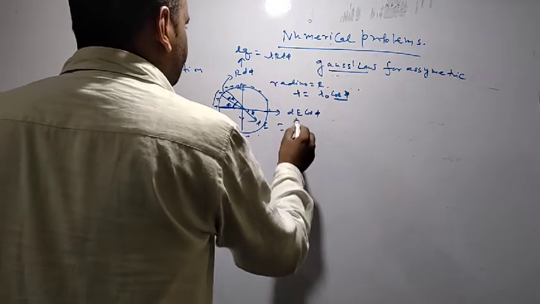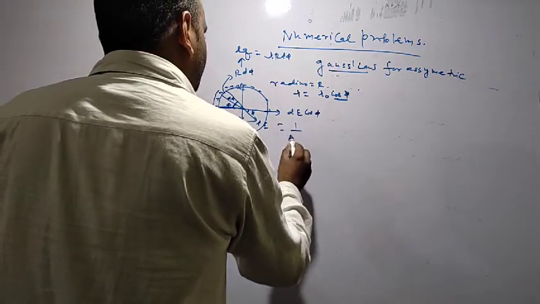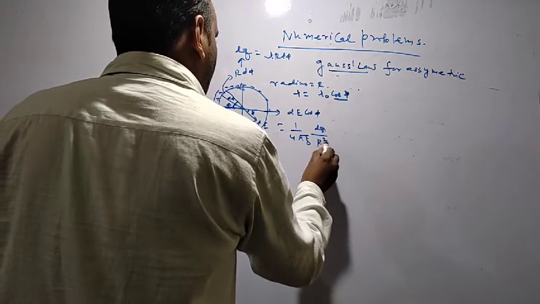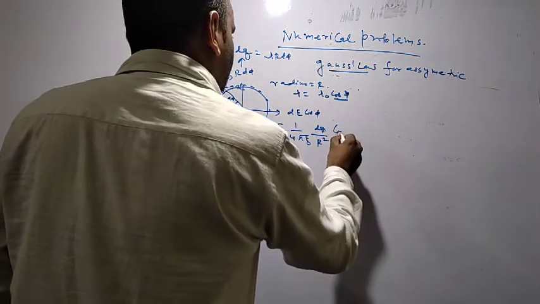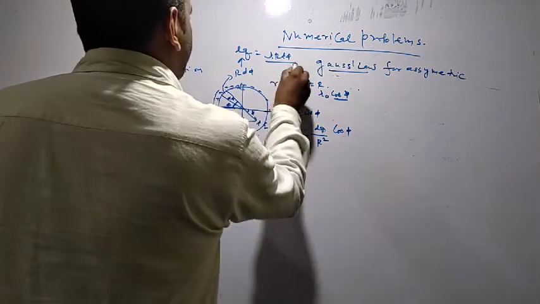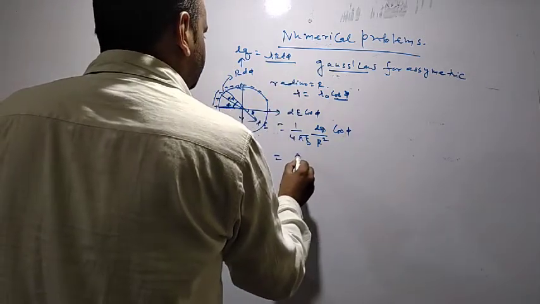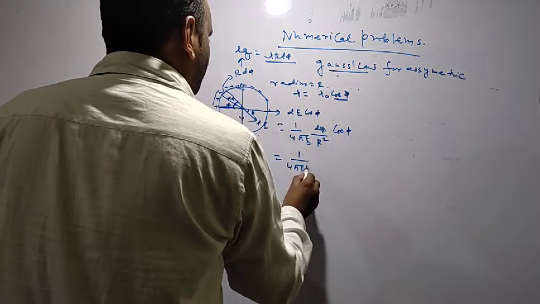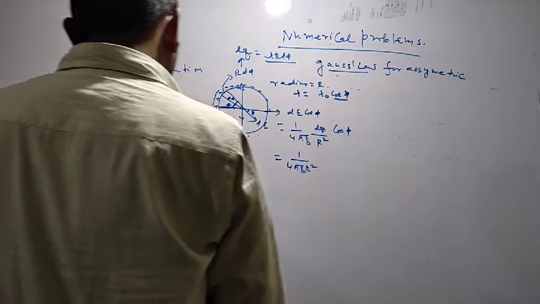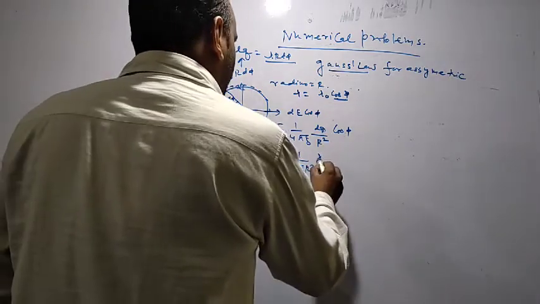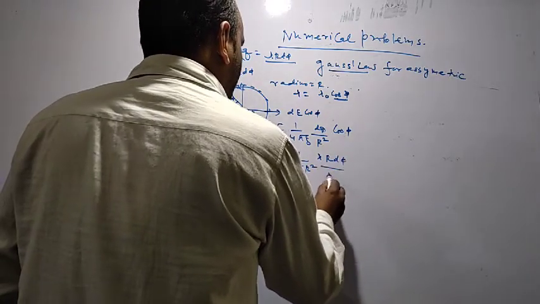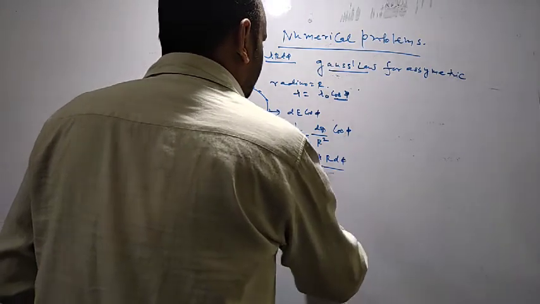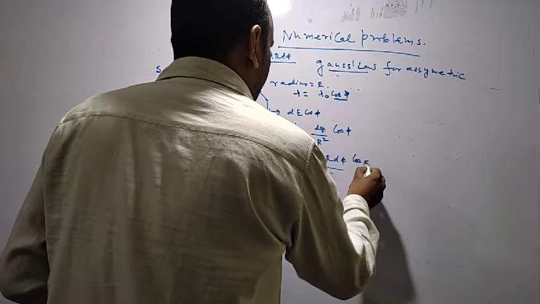From Coulomb's law, dE is dq by 4 pi epsilon naught r square, times cos phi, that is 1 by 4 pi epsilon naught r square times lambda R d phi.